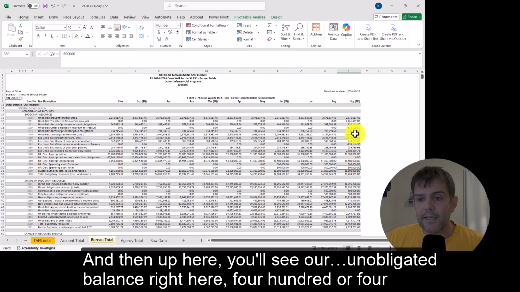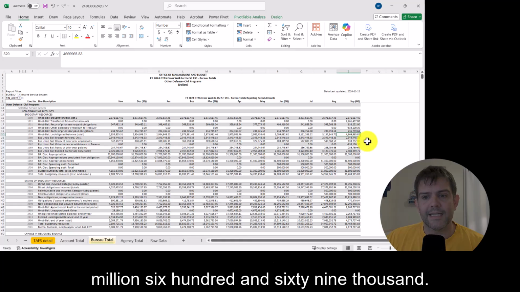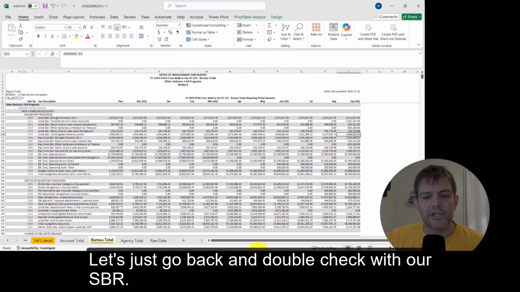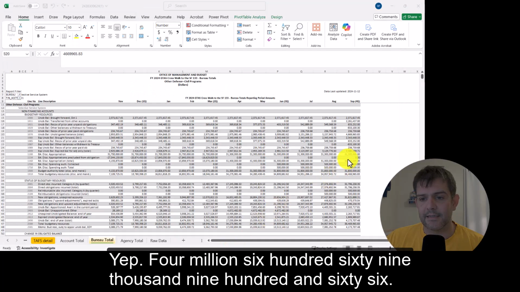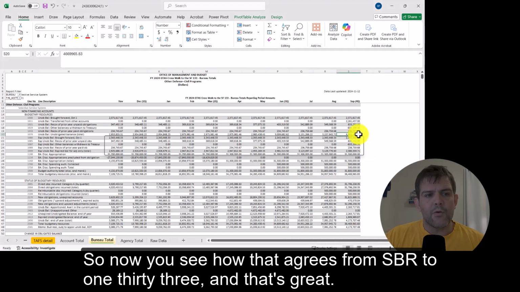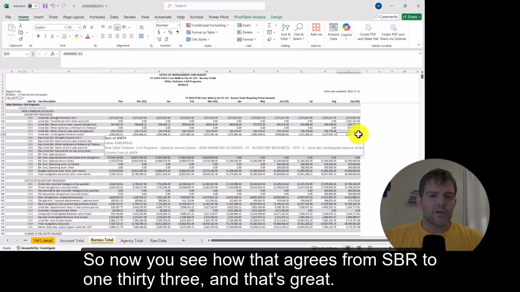And then up here, you'll see our unobligated balance right here, $4,669,000. Let's just go back and double check with our SBR. Yep, $4,669,966. So now you see how that agrees from SBR to 133.